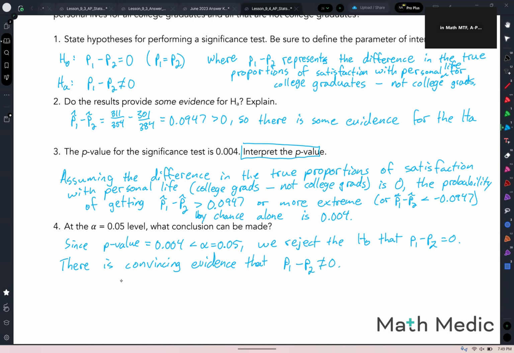So remember, we reject the null hypothesis because that is so unlikely to happen by chance alone that we don't think the original condition was true. There is convincing evidence for the alternative. Really, you should put more context with it, but I didn't put the context because I put so much context into the interpreting. You got to have context in one of those two places.